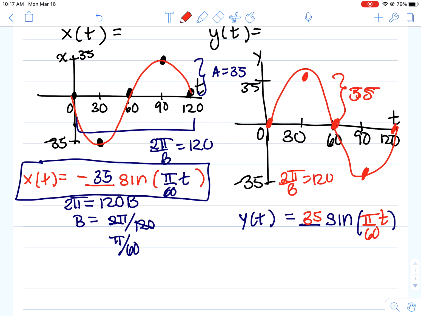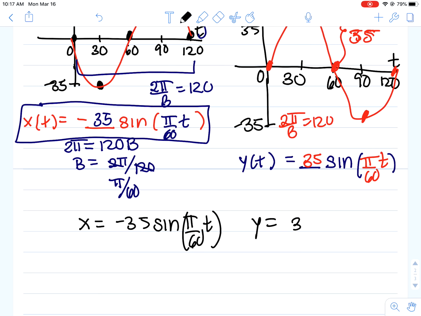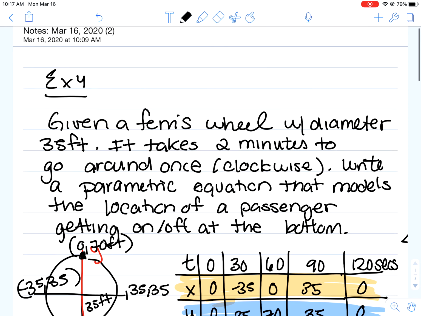Input variable is t. Okay. So again, we wrote an equation for x. And we wrote an equation for y. Okay, and that's it for example 4.